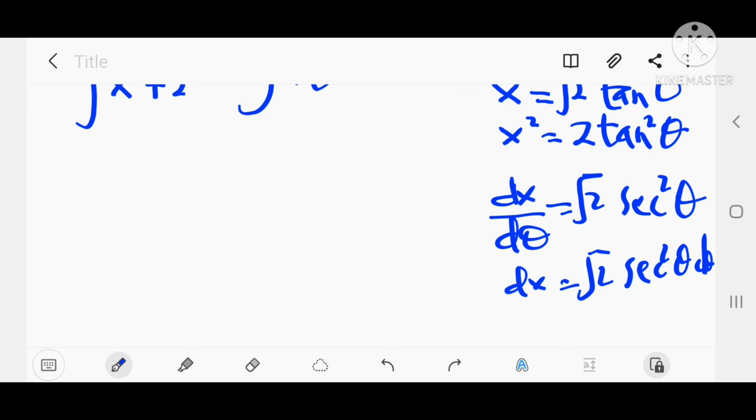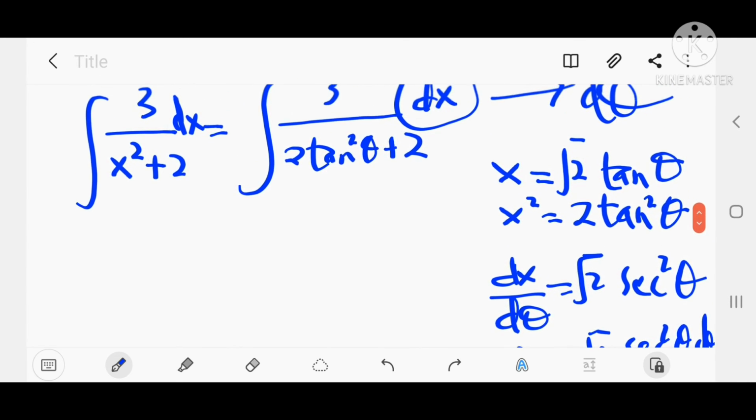This means that we have 3, which becomes the coefficient of the whole integral.